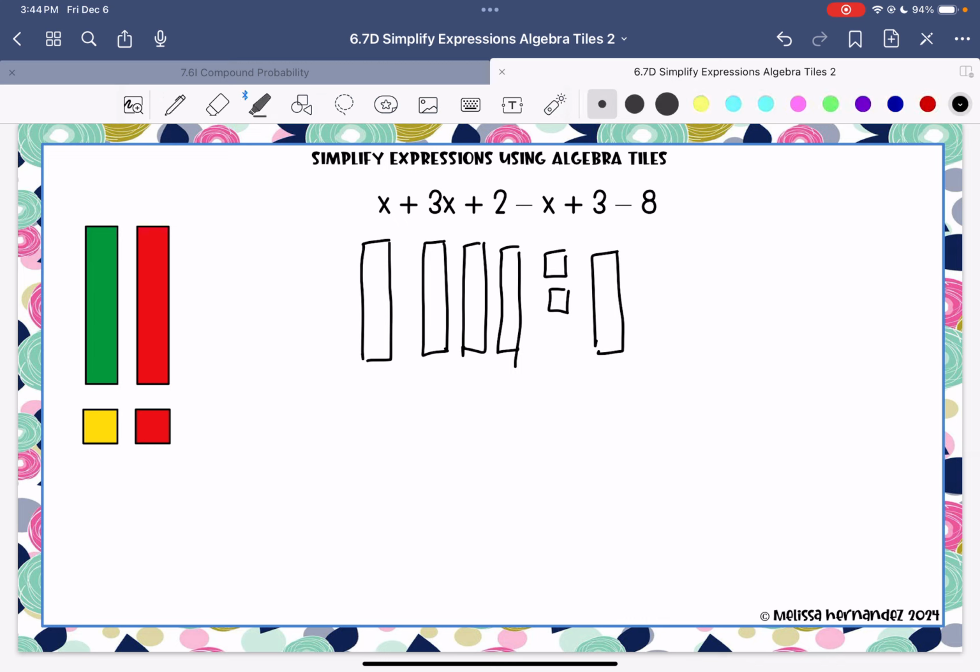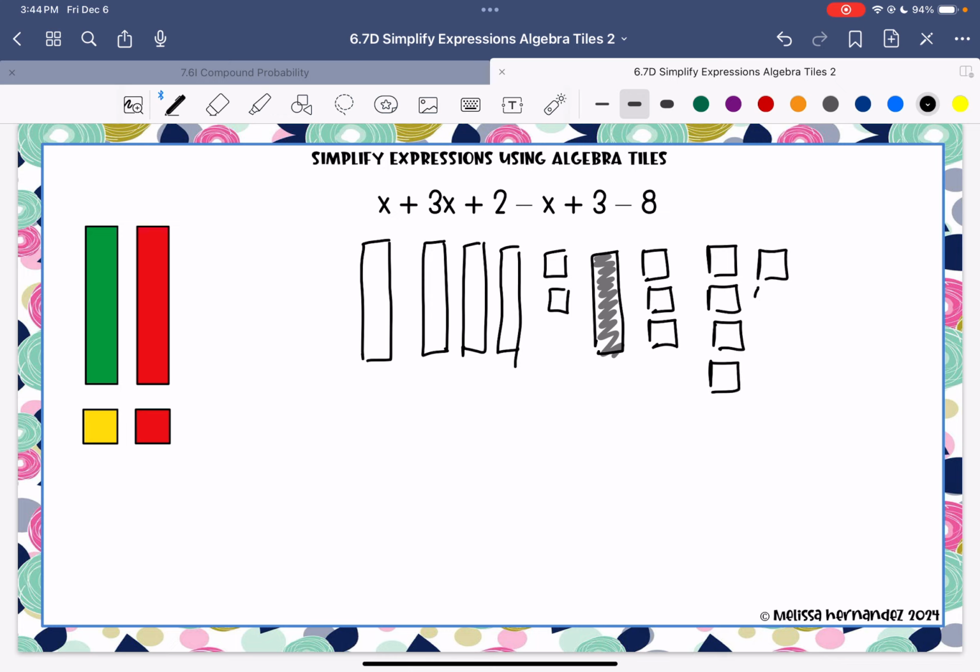I'm going to have to shade that one in to represent that it's negative. 3 positive units, followed by 8 negative units. Shade in the negatives.